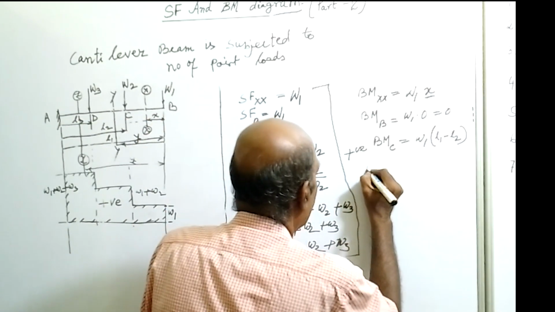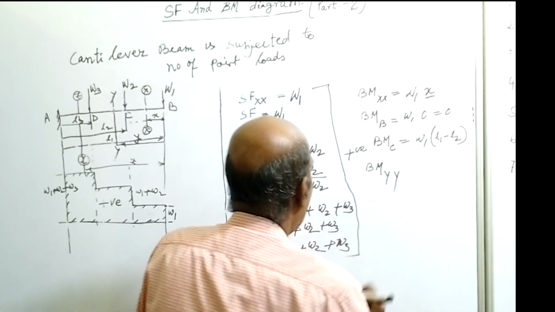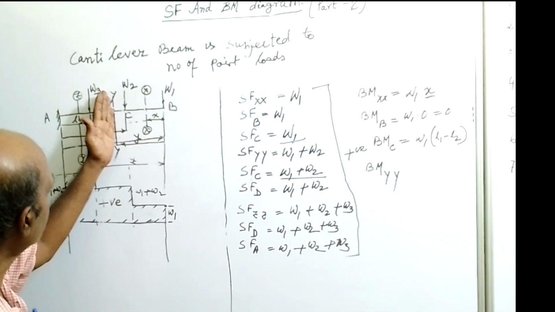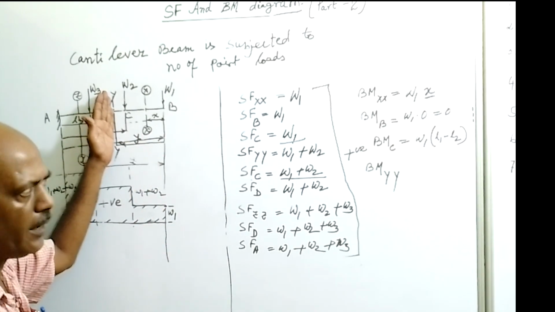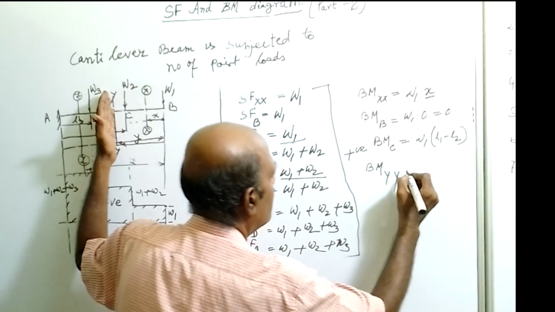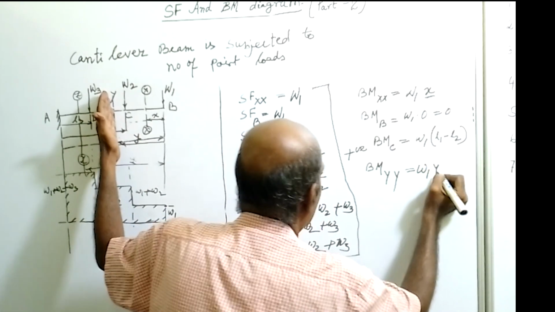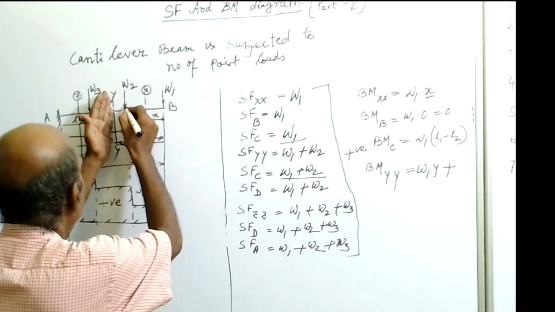Now we will find the bending moment at section YY. This is the YY section, which is at a distance y from the free end. So we can write W1 into y plus W2 into this distance.